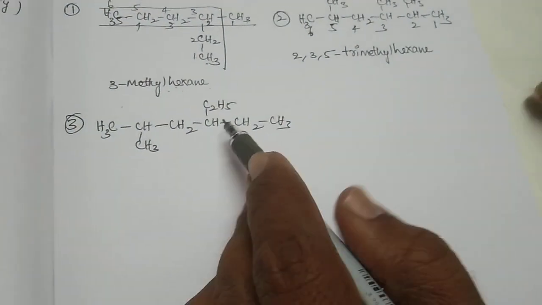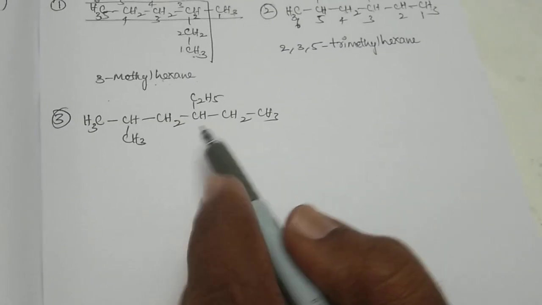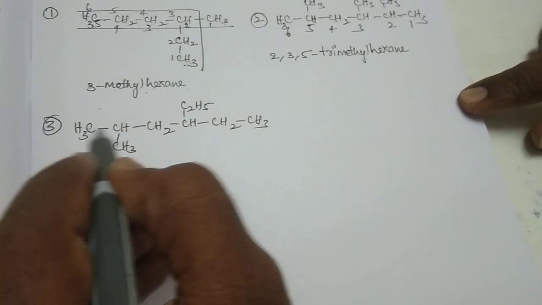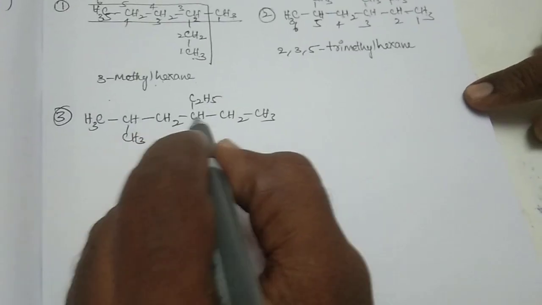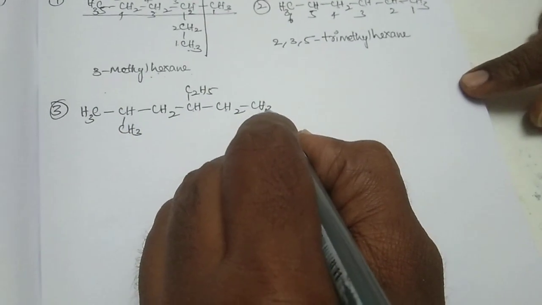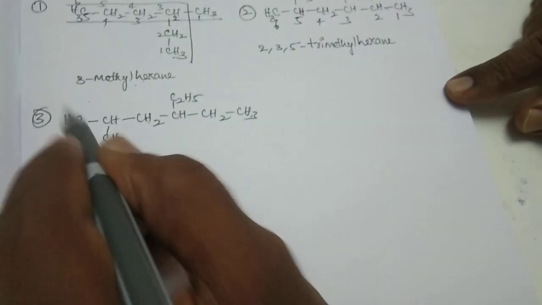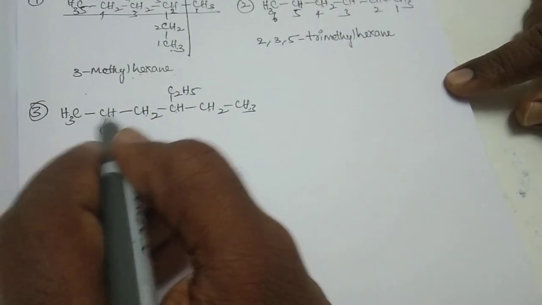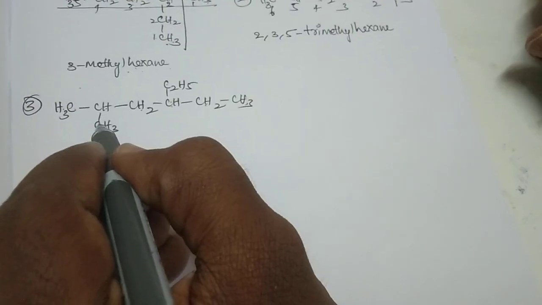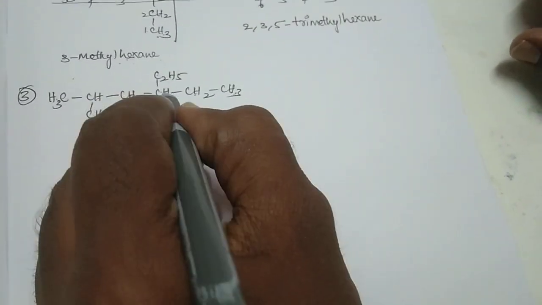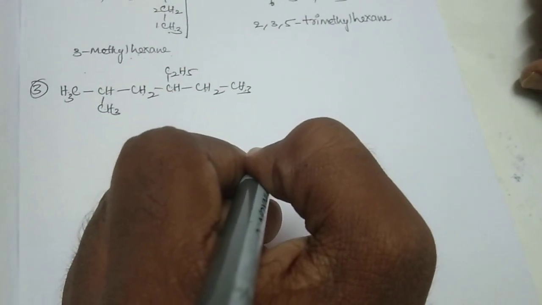Now we have to select the longest carbon chain. First we see 1, 2, 3, 4, 5, 6 carbon atoms. This is the 6 carbon atom chain, and 1, 2, 3, 4, 5, only 5 atoms are there. So 5 carbon atoms are there, and 1, 2, 3, 4, 5, 6 carbon atoms are there.